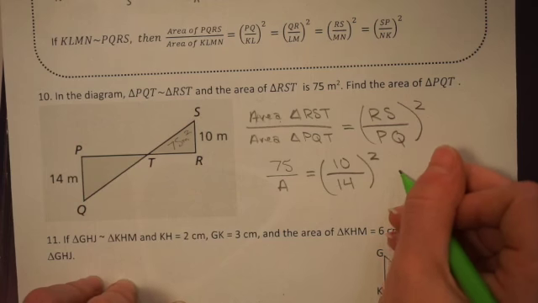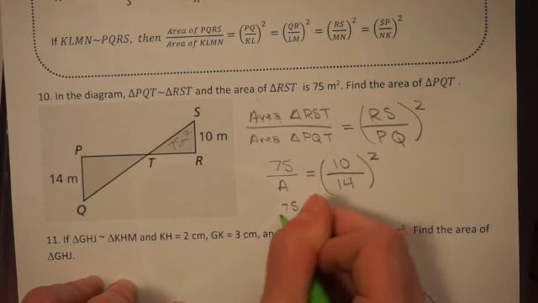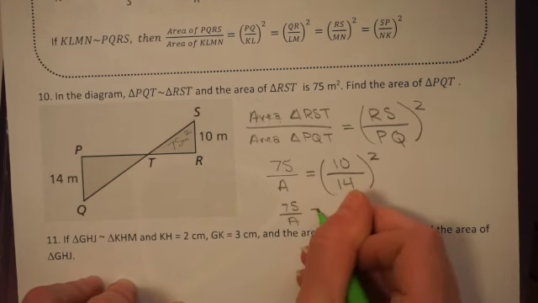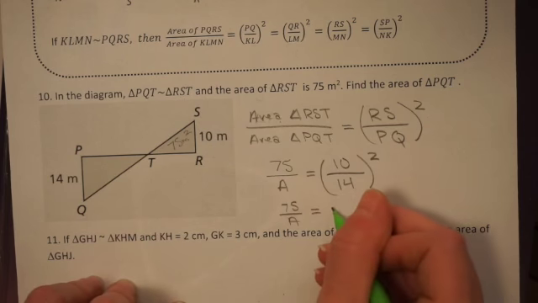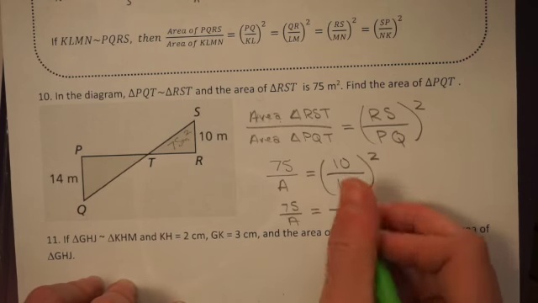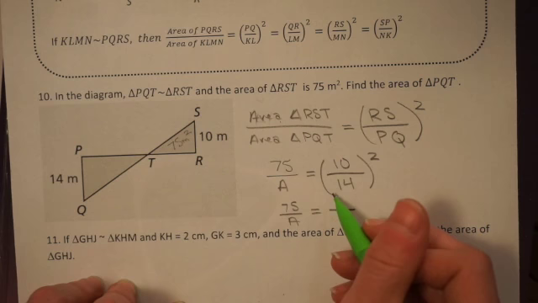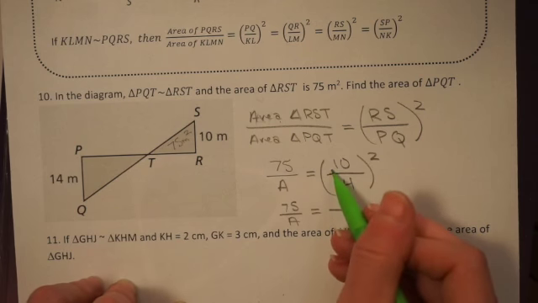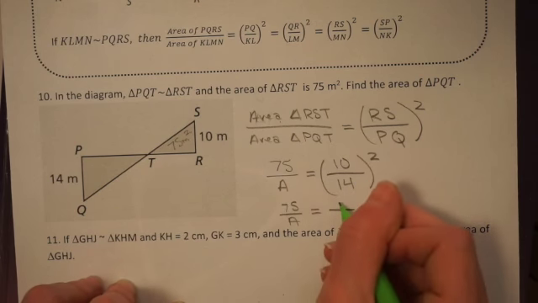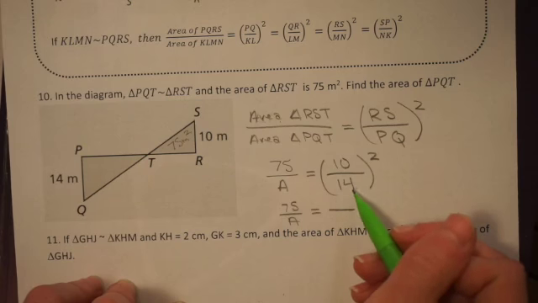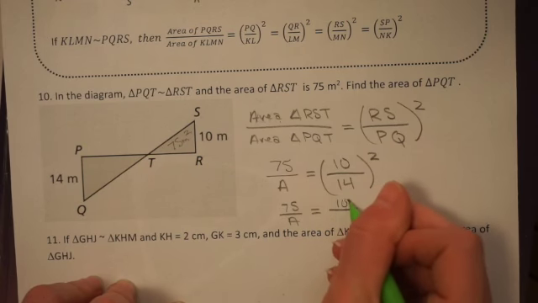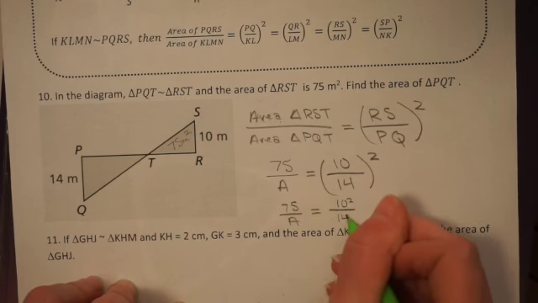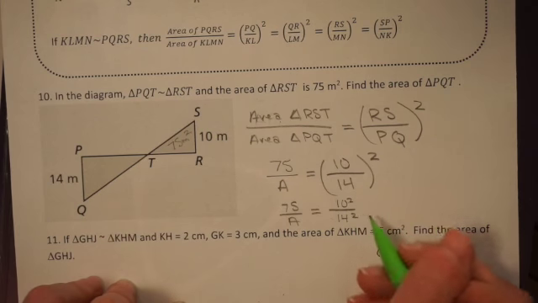When you have a square over a fraction, you can square the numerator and also the denominator. So for example, this is 10 squared and 14 squared. You just need to make sure you square both.